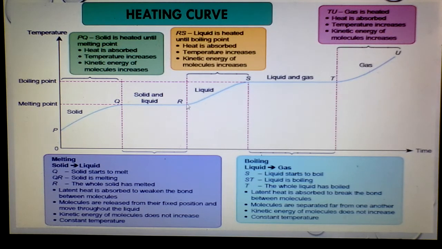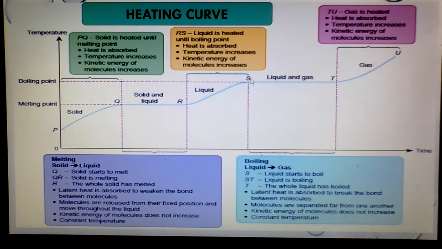Now we look at RS. For RS, the liquid is heated until boiling point. There's no change in phase, but you can see here the temperature increases. So the amount of heat required here, we call it heat capacity. Temperature increases, kinetic energy increases.